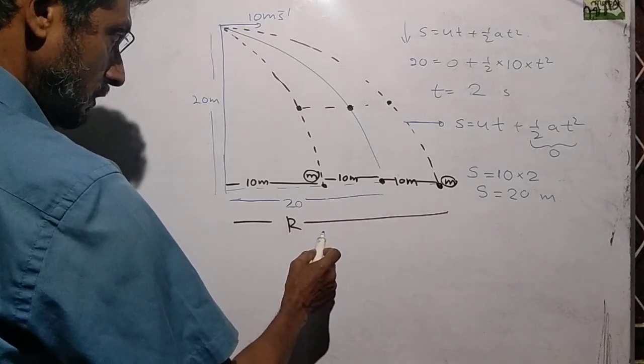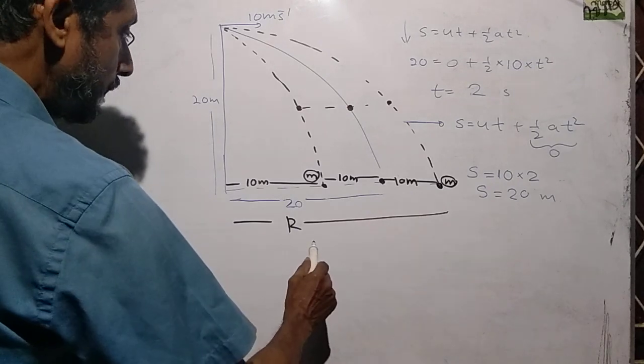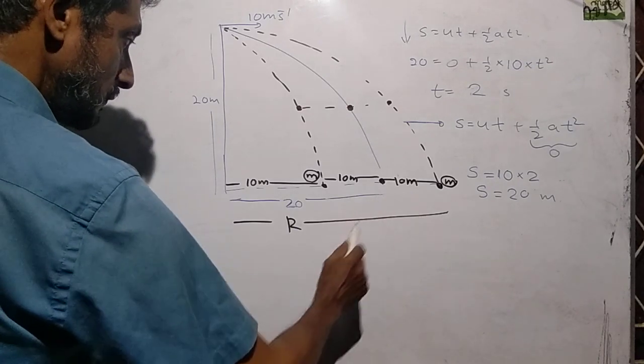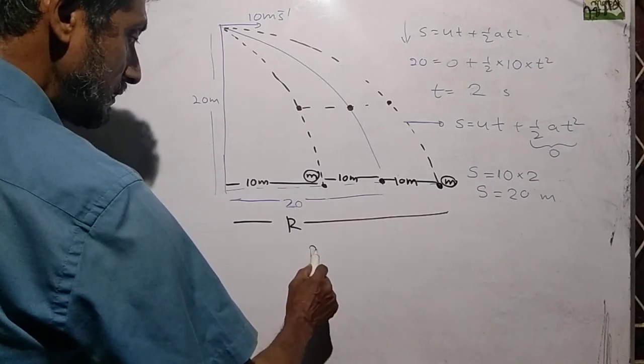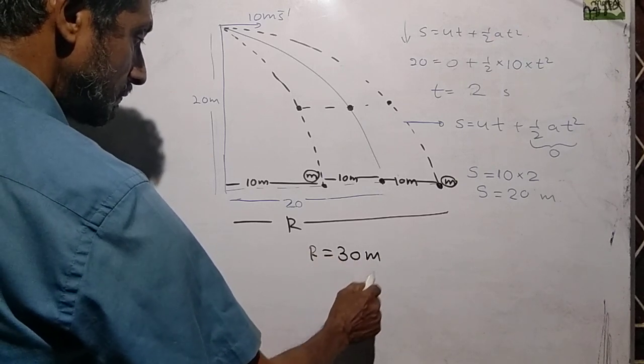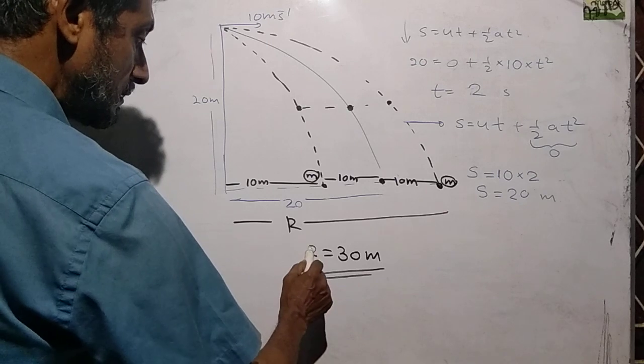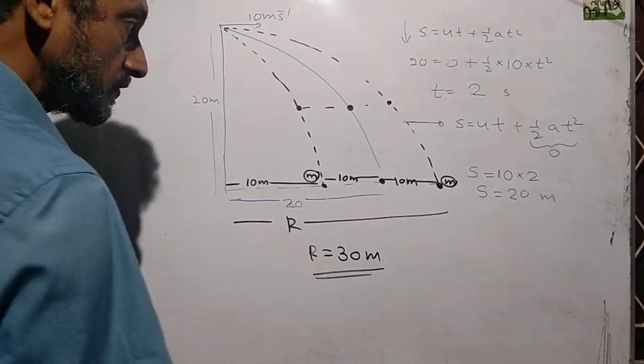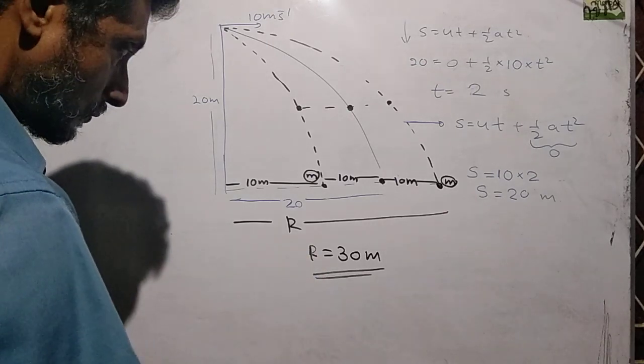Therefore, the total distance to the other part is 30 meters. Therefore, r is equal to 30 meters. The answer is number 2, 30 meters from the building.